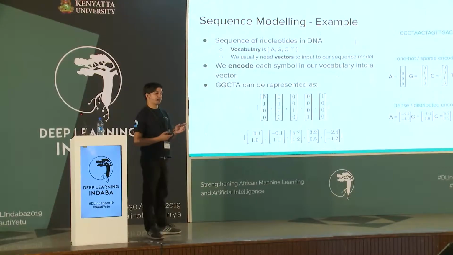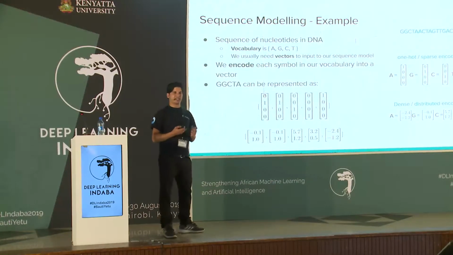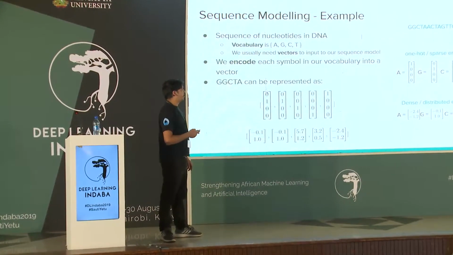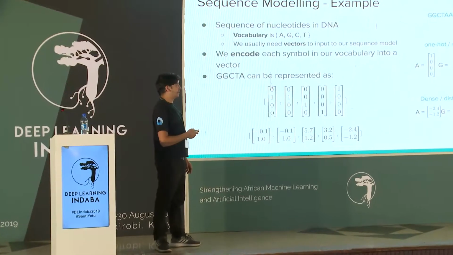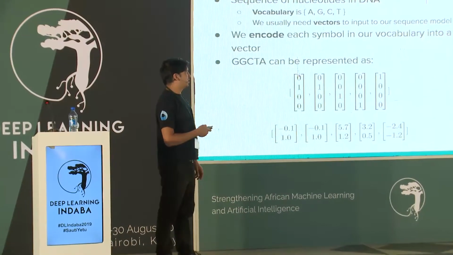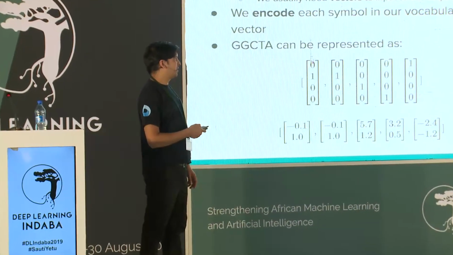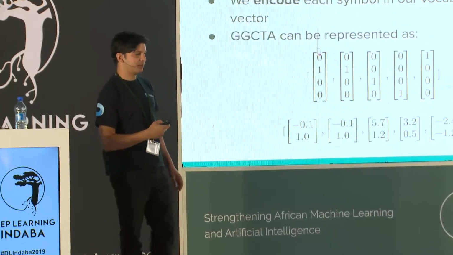But instead of just using those numbers as input to our model, we'll construct a 4-dimensional vector which has zeros everywhere except for 1 in the position corresponding to the index of that letter. So A gets a 1 in the first position, G gets a 1 in the second position, C gets a 1 in the third position, and T gets 1 in the fourth position.